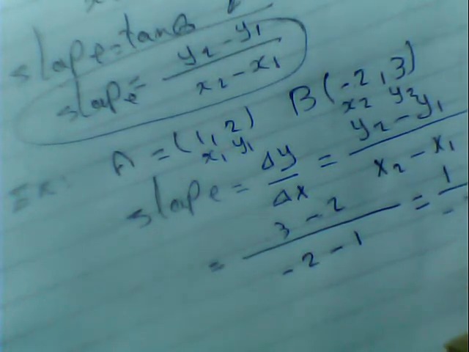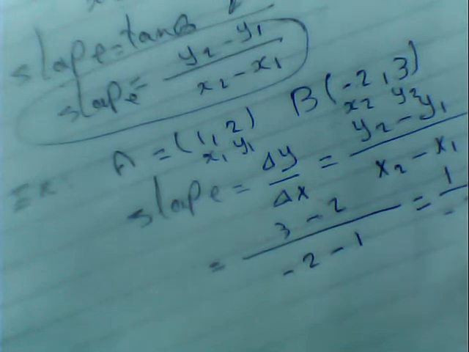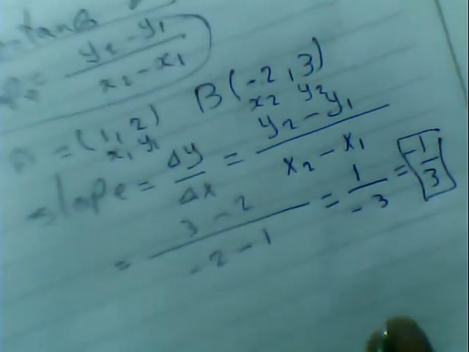Then the slope equals minus 1 over 3. That means this slope.